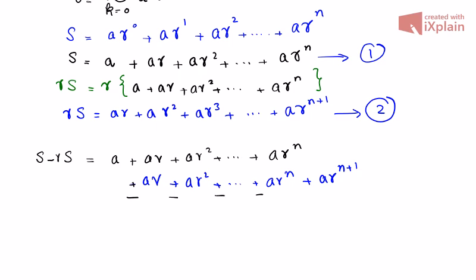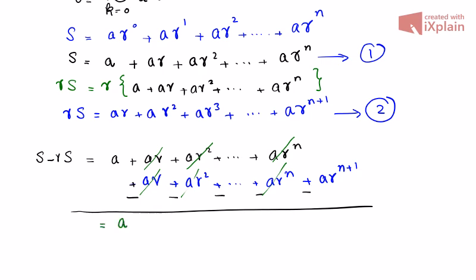All become minus, and in the result you can see all these terms cancel out, and you are left with only two terms, which is a minus a r raised to the power n plus 1. So S minus rS is equal to this one. Now you can take S common on the left hand side, which can be written as S times 1 minus r.